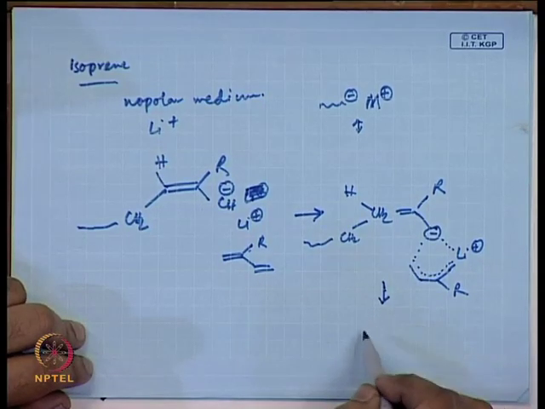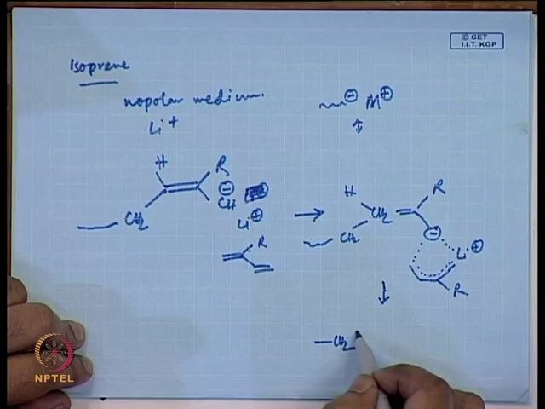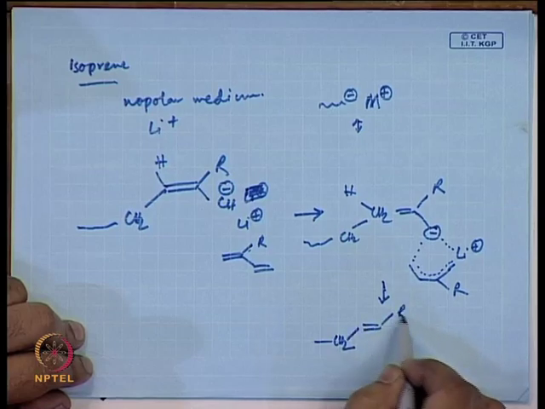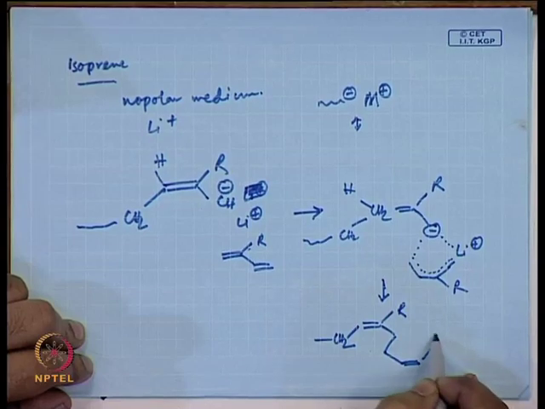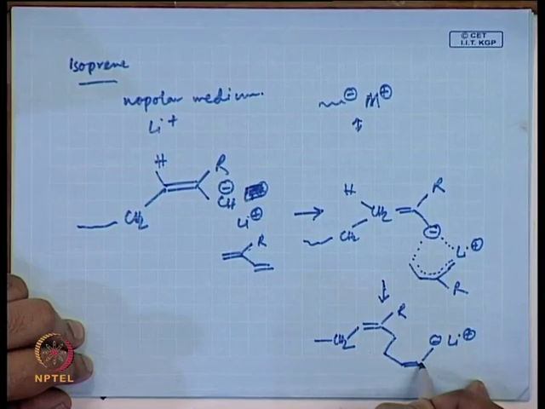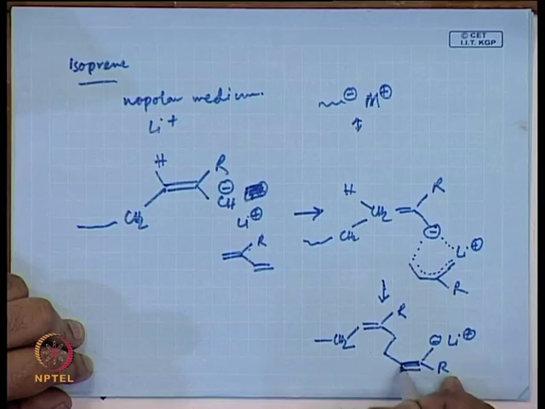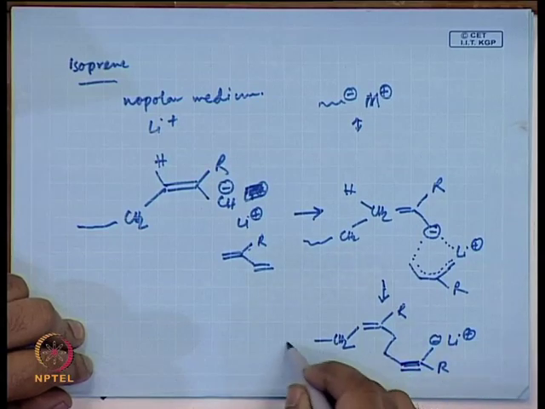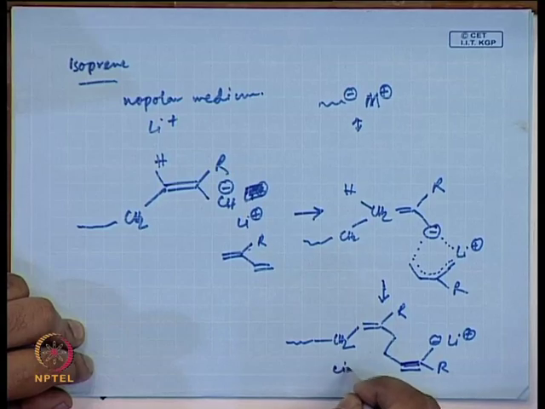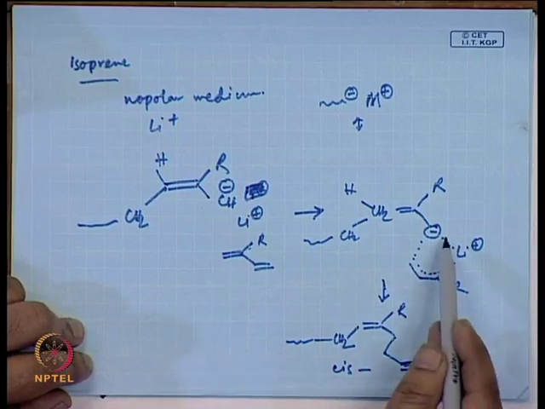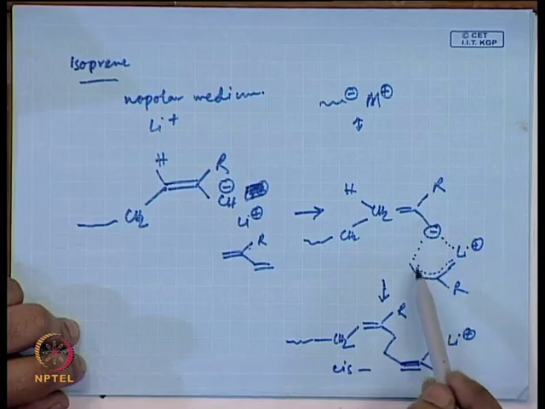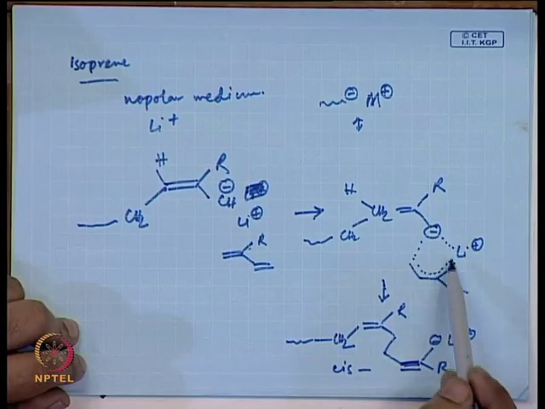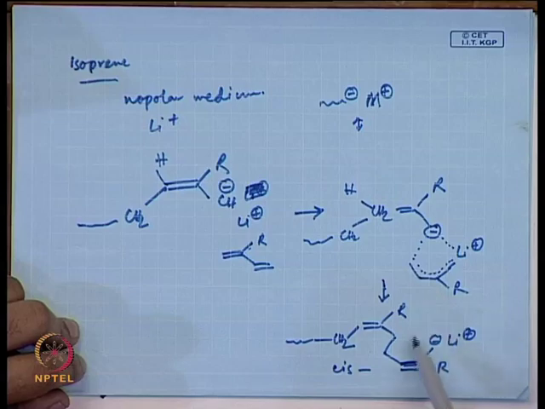So, you will form a product like this, so this is a cis product. So, because there is an interaction between this counter ion and the chain end and the monomer, they will form a predominantly cis product.